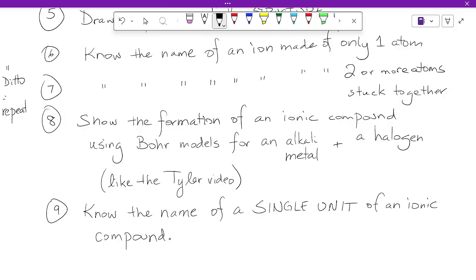You need to be able to write the name and the formula given a picture.